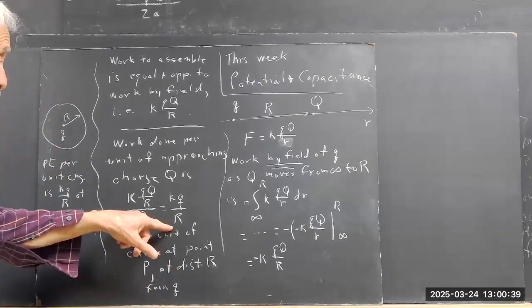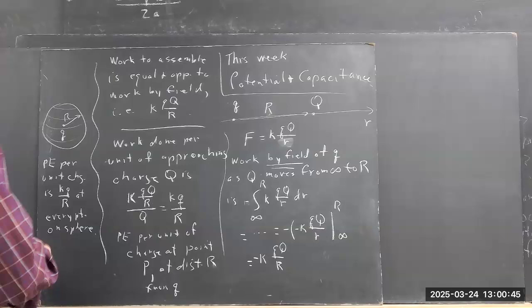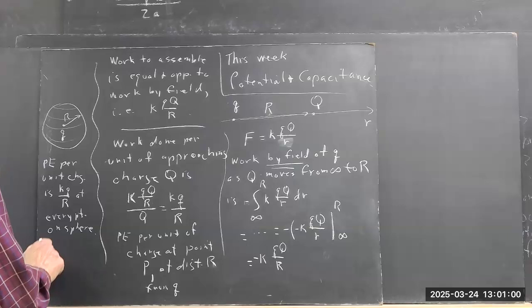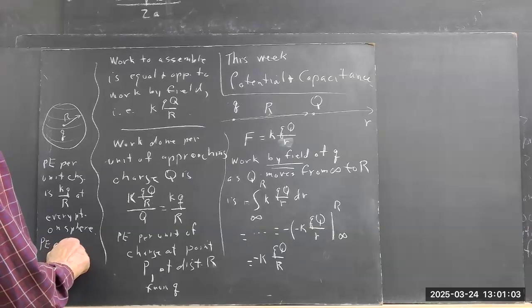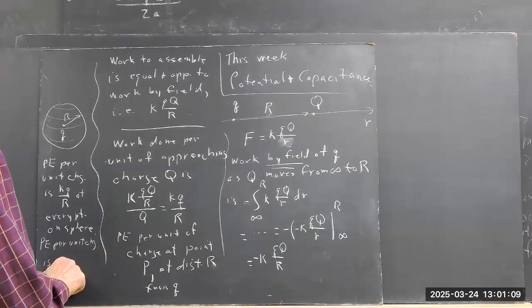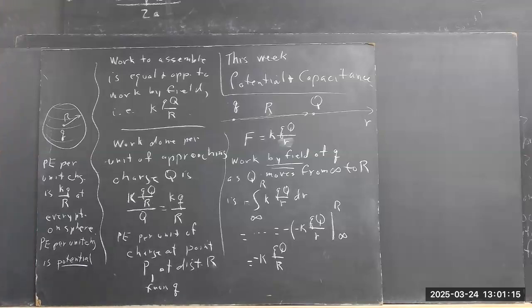Every point's at the same distance. The KQ over R is the same everywhere. And if I make this into a sphere, it's a nice sphere. That sphere is what we call an equipotential surface. And PE per unit charge is potential. That's what we mean by potential.